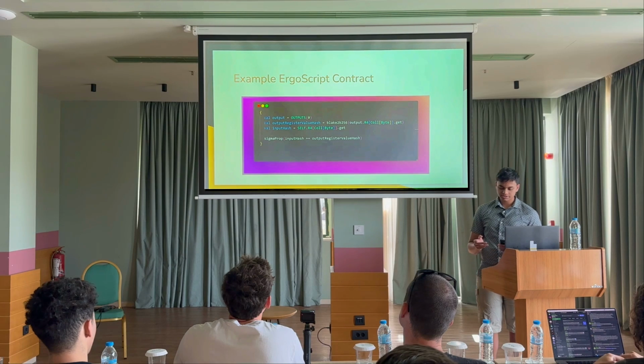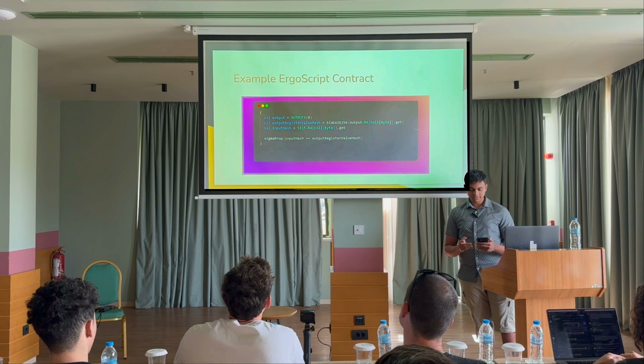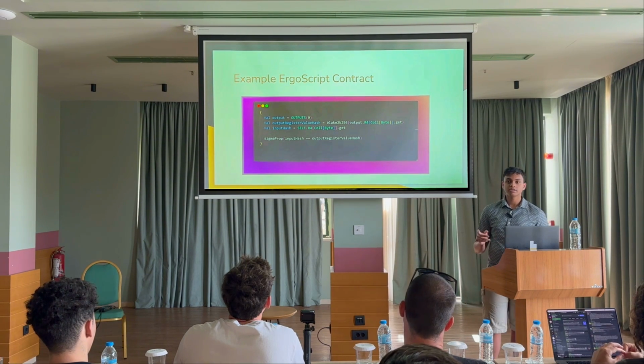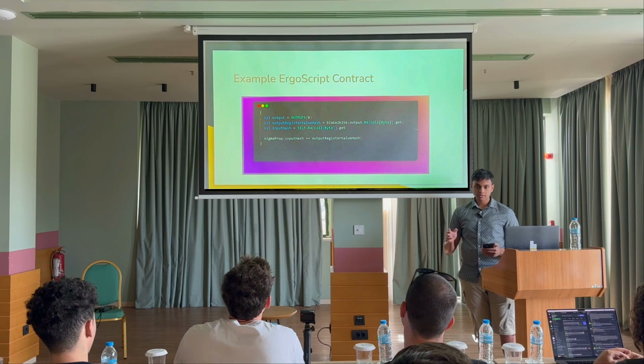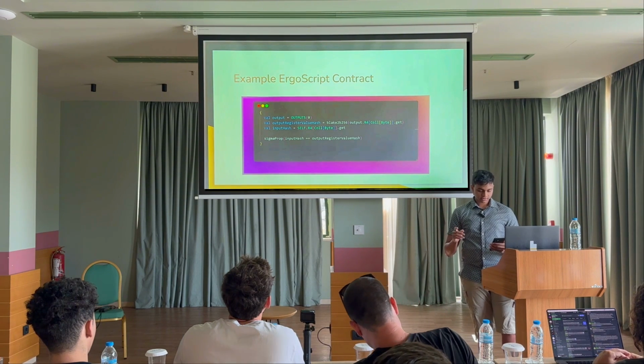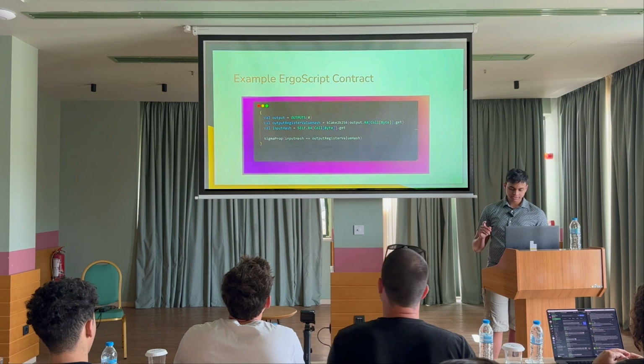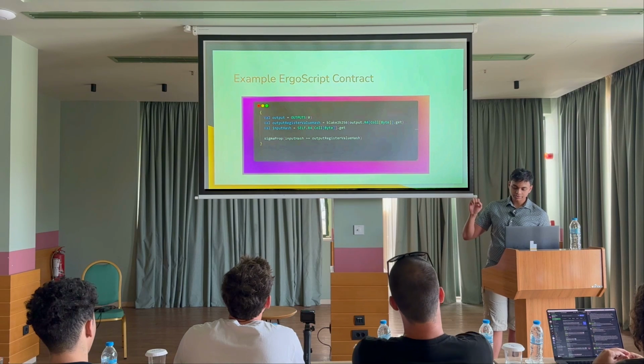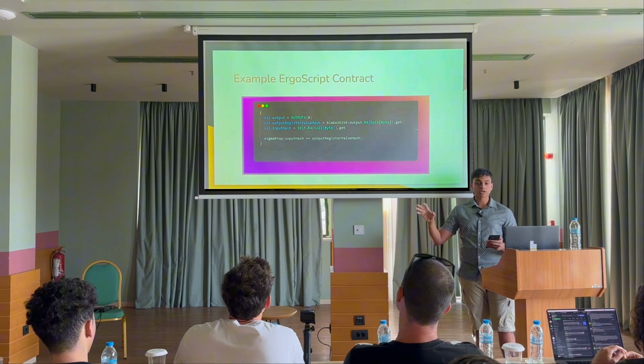The consequence of this evaluation simplicity is that contracts are not self-executing. This is a huge difference compared to what people are familiar with in Ethereum or even Alephium. You can't just send a UTXO with one coin, for example, to a contract.